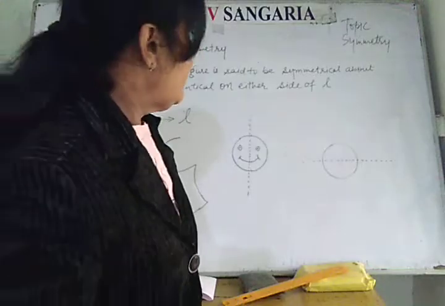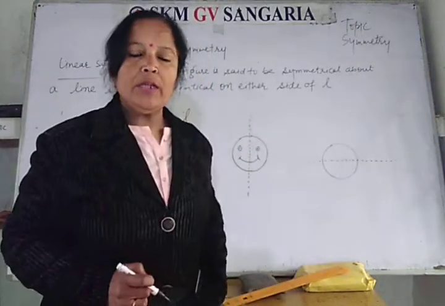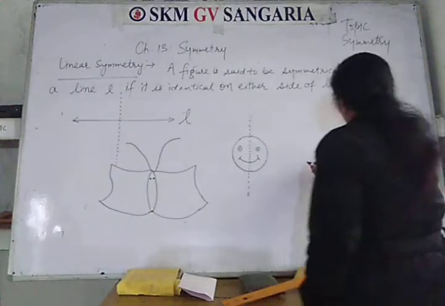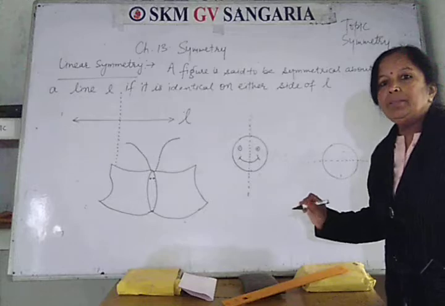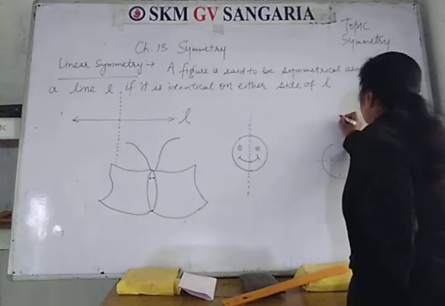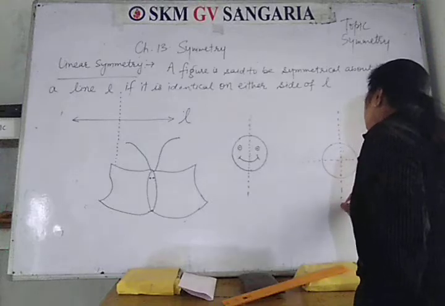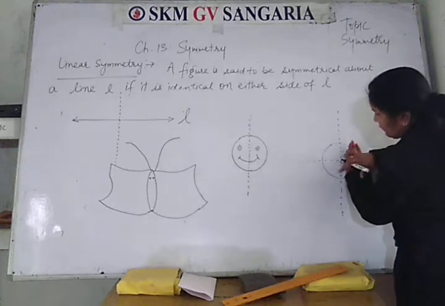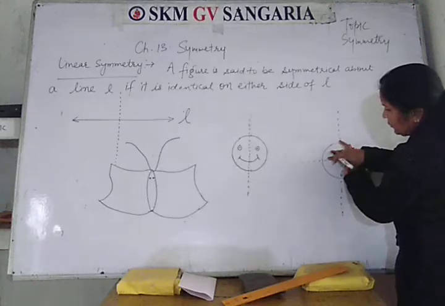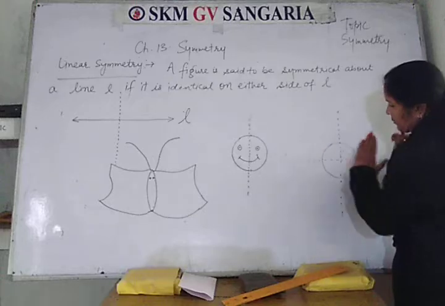When you draw the line of symmetry in this way, it is called a horizontal line of symmetry, and this circle is divided into two identical parts, two same parts. If you draw the line of symmetry in this way, it is called a vertical line of symmetry, and this vertical line of symmetry is dividing this circle into two equal parts. This part is equal to this part.